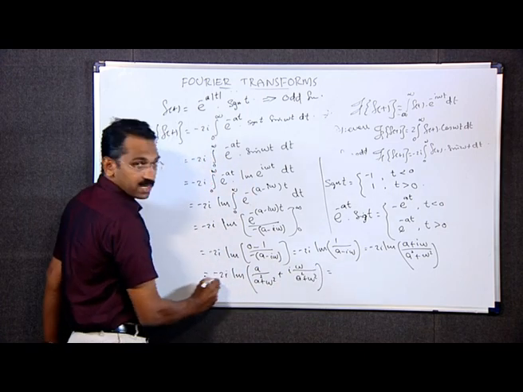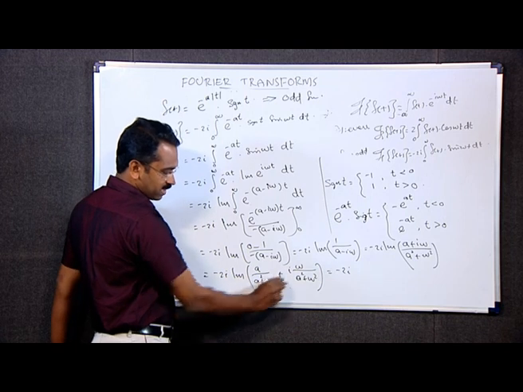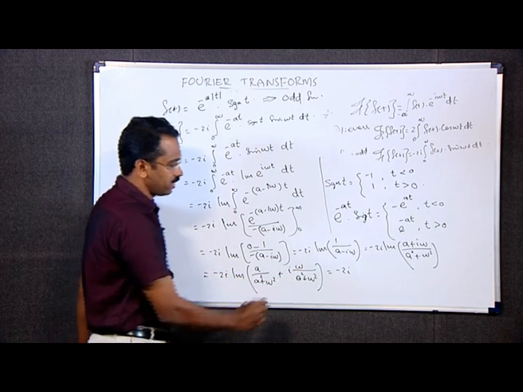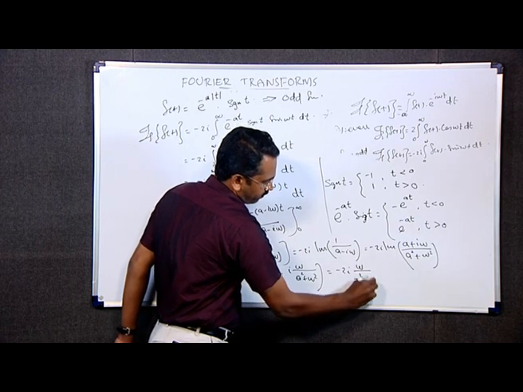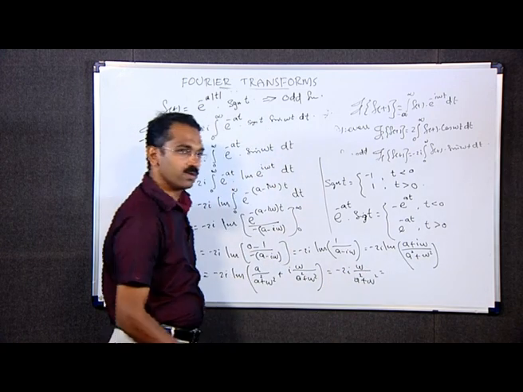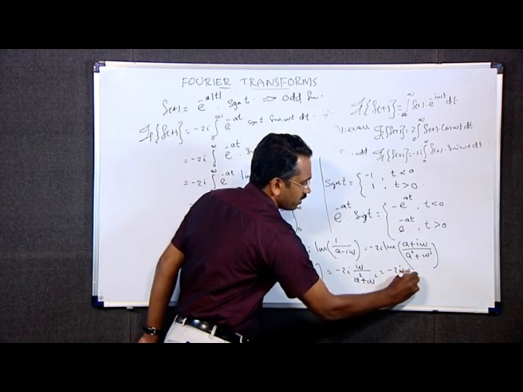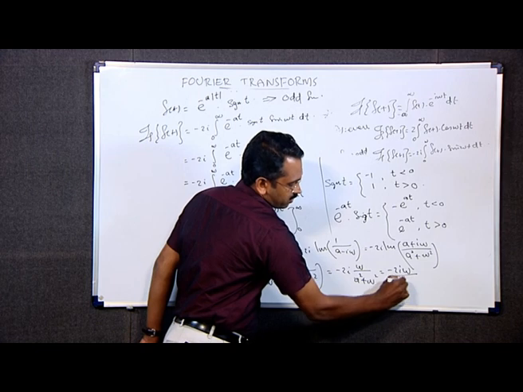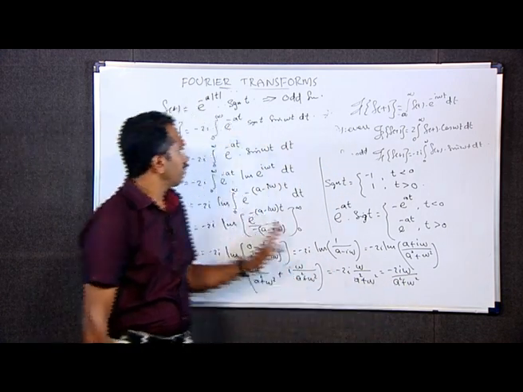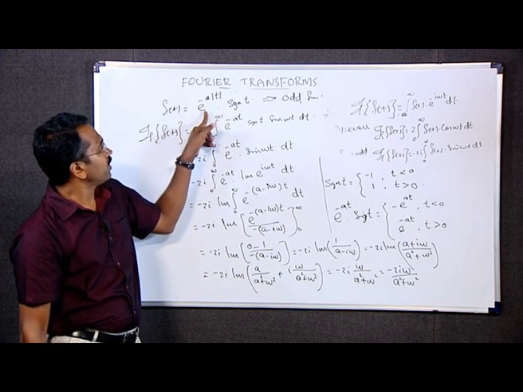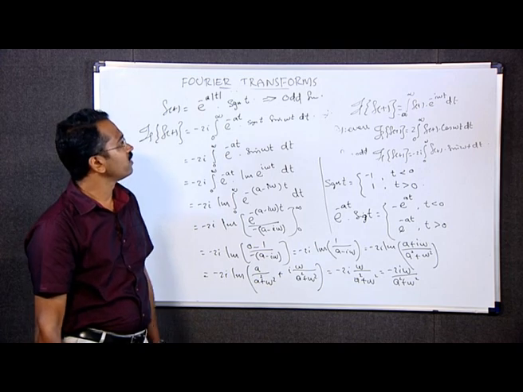That is minus 2i into, from here the imaginary part is omega by a square plus omega square, that is minus 2i omega divided by a square plus omega square, which is the required Fourier transform of the given function e raised to minus a into mod t into signum t.